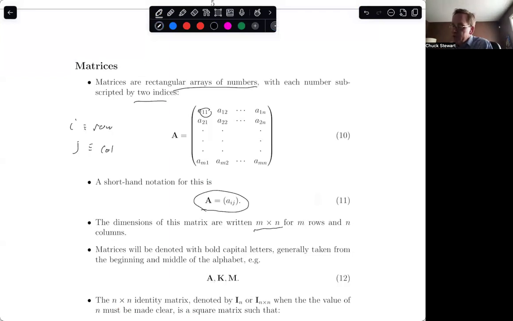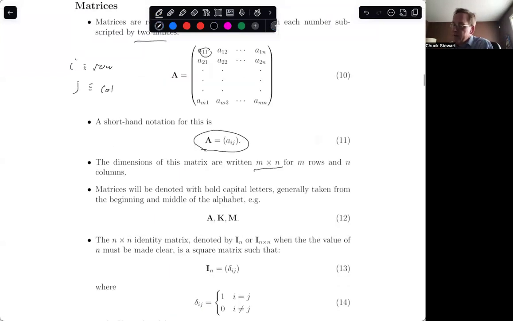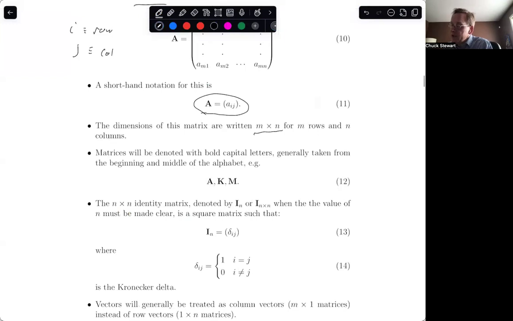And then just for notation, we'll tend to use capital letters, boldfaced, for matrices.